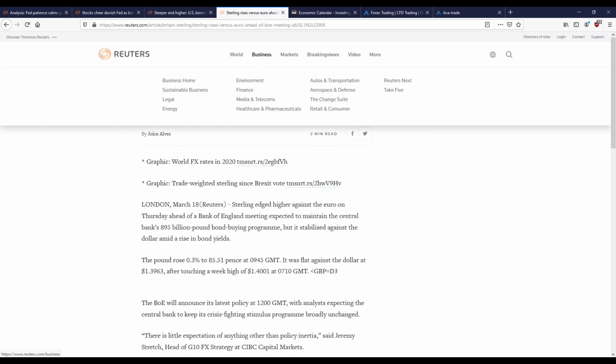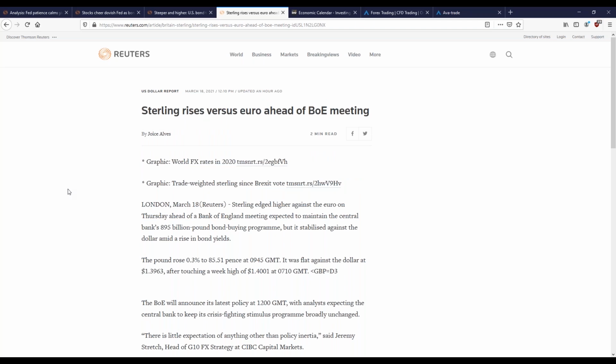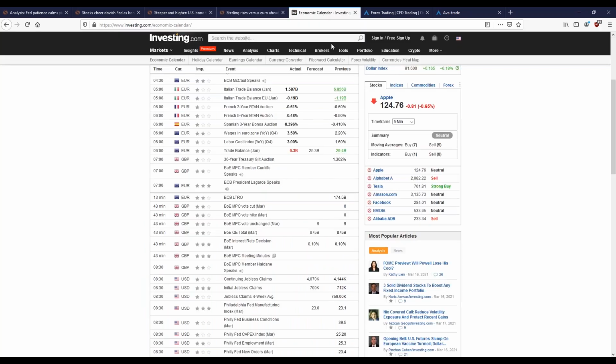All right, so another headline, sterling rises versus euro ahead of Bank of England meeting. And so that's a big deal. And actually, I'll pull up the economic calendar. We've got the Bank of England talking later, okay? But right now, I take that back.